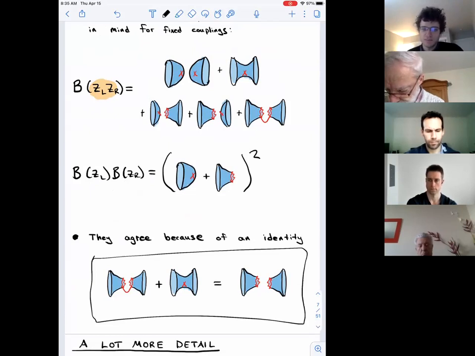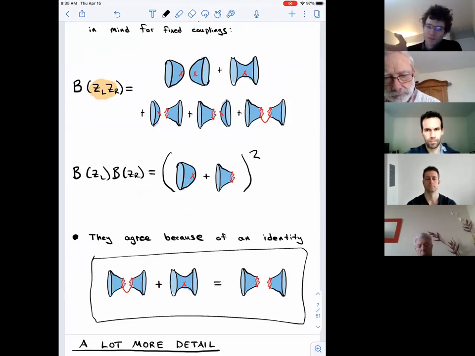I'm sorry, Douglas, just to make sure I understood. So your claim is that in this particular model, the partition function is indeed the product of the 2 partition functions in the end. Yes. Okay, thank you. Yeah, and it's true even though when you compute the product in one way, you include a wormhole.